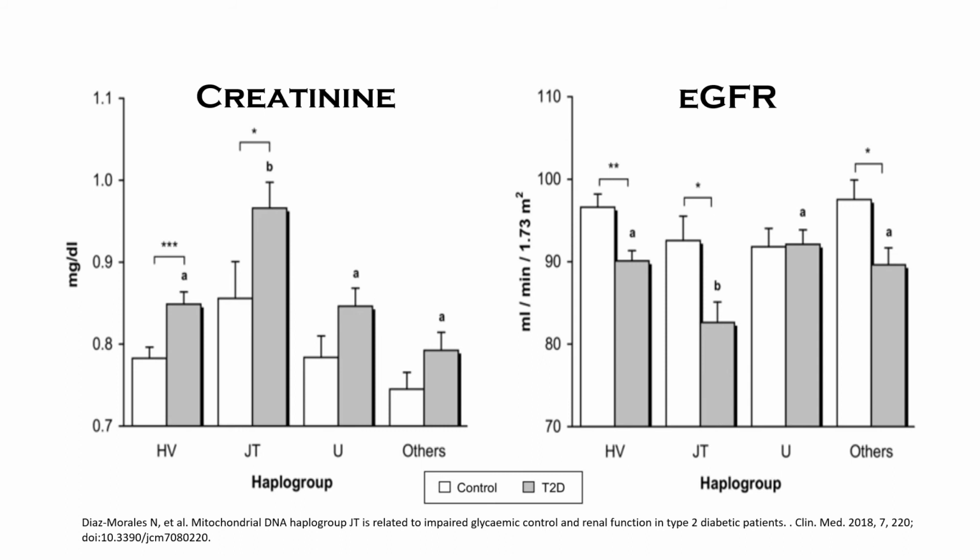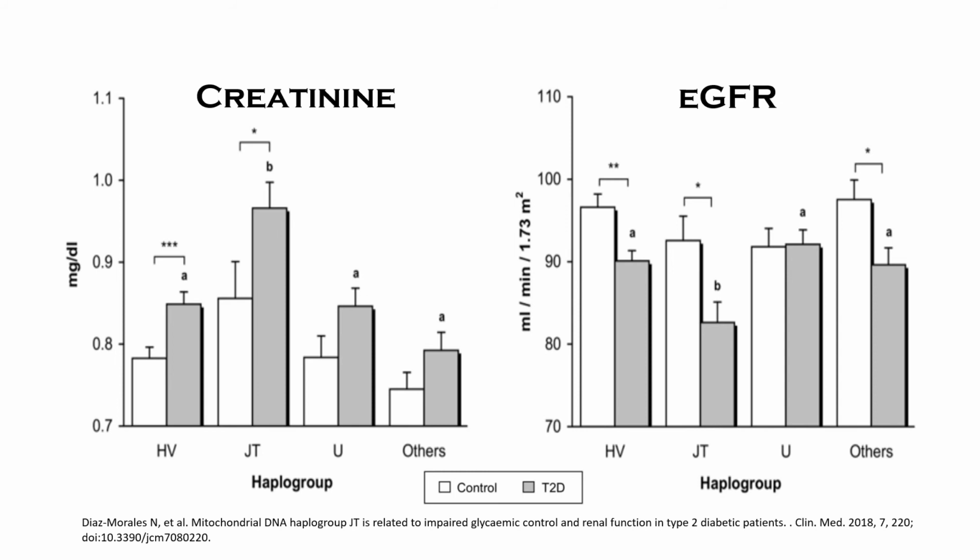Differences between the JT group and all the other haplogroups in creatinine levels and eGFR did not change in the diabetic population after adjusting by duration of diabetes. That means they remain statistically significantly higher in patients in the JT haplogroup.